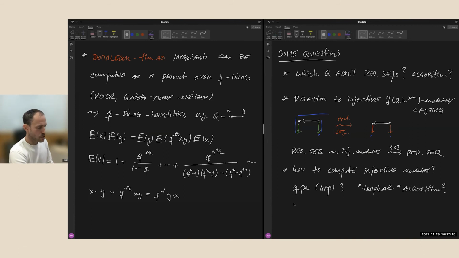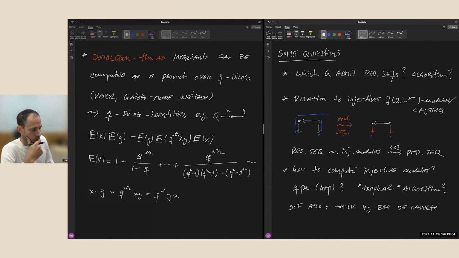So this is also related to another talk later by Béat de la Porte, where the relation of injective modules and F polynomials are being discussed.